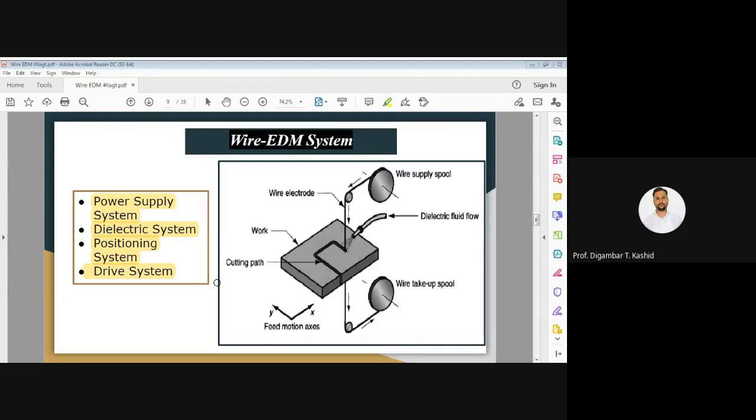Please give attendance. Write down your roll number in the chat box.